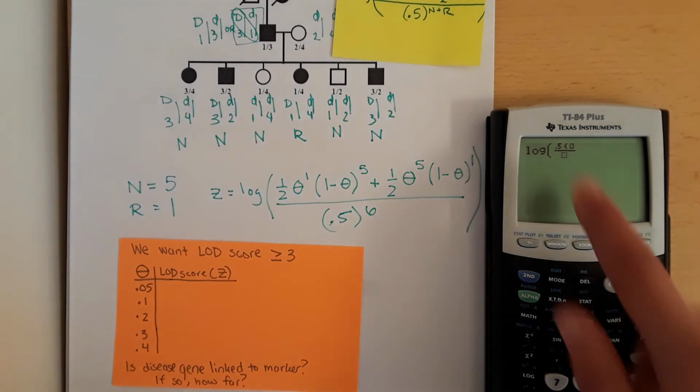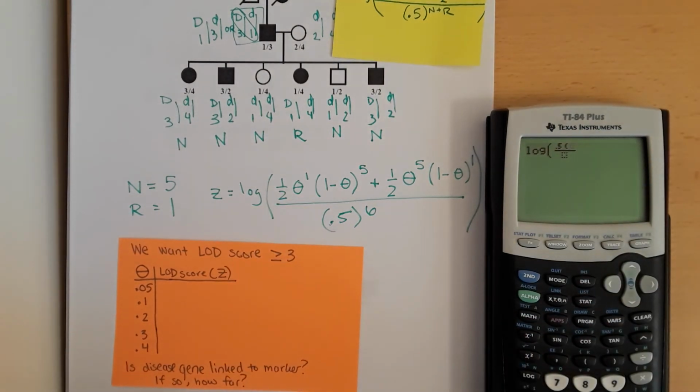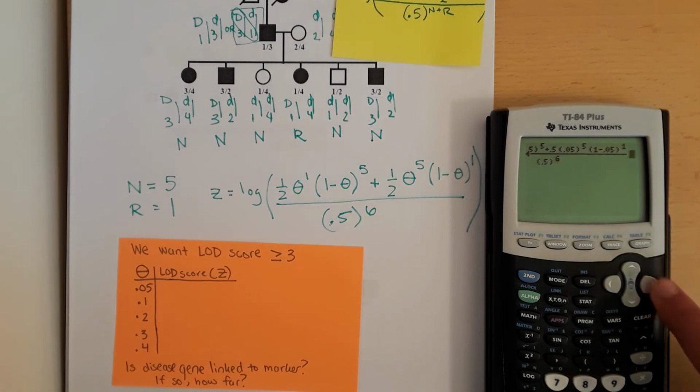So we have 0.5, half of our theta, 0.05 to the first, 1 minus 0.05 to the fifth, plus 0.5, 0.05 to the fifth, 1 minus 0.05 to the first, all over 0.5 to the sixth.